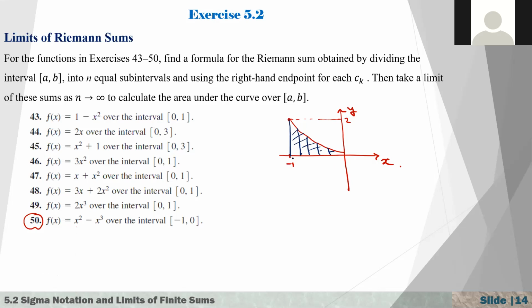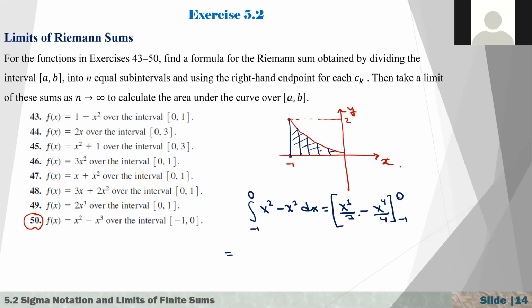How do you find this area? To find this area simply, we just need to calculate this integral from -1 to 0 of x squared minus x cubed dx, which is x cubed over 3, the first one, minus x to the power of 4 over 4, the second one, with integration limits from -1 to 0.